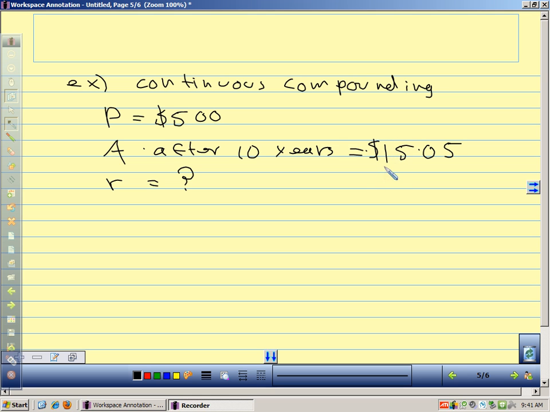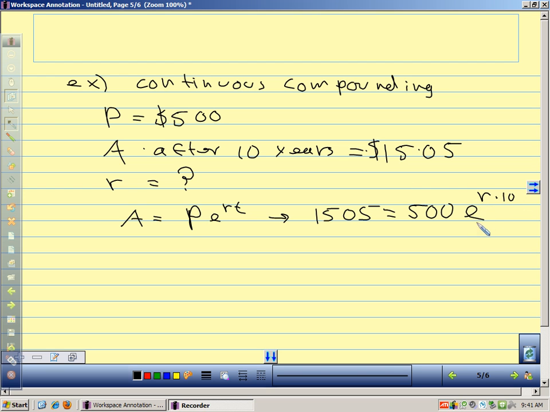So on all of these kinds of problems, plug in what you have and solve for what you don't have. So I'm going to say that our amount, we're going to use A equals P E to the RT. And that gives us 1,505 equals 500 E to the R, and my time is 10.